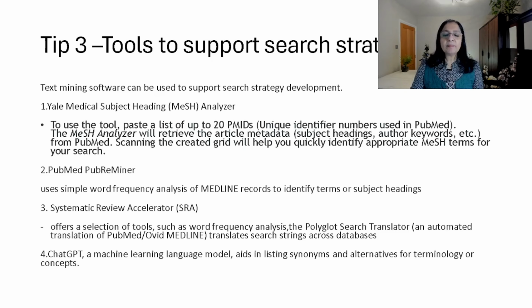In order to develop an advanced search strategy, we need controlled vocabulary as well as synonyms and alternative terms. So the tools I mentioned here will help to identify the controlled vocabulary faster, and ChatGPT is a tool we can use to identify synonyms and alternative terminology.